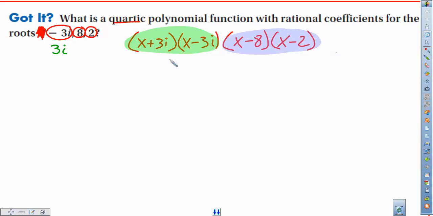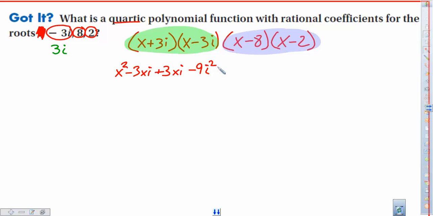So, if I lost you on that quick move right here, many of you might be able to look at that and say, ooh, that's x squared plus 9. You are right. So let's go ahead and find out why that's x squared plus 9. First times first, outer, well, outer would be minus 3xi. Inner would be plus 3xi. And then last times last would be minus 9i squared, right?